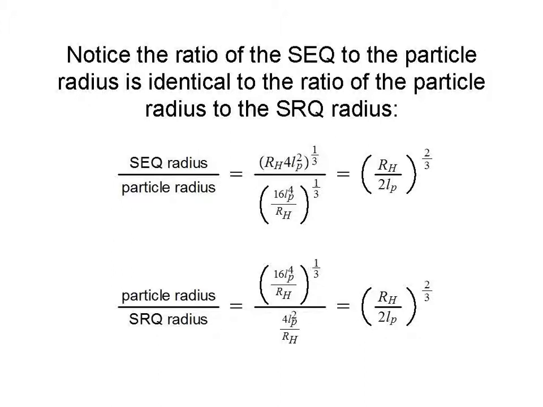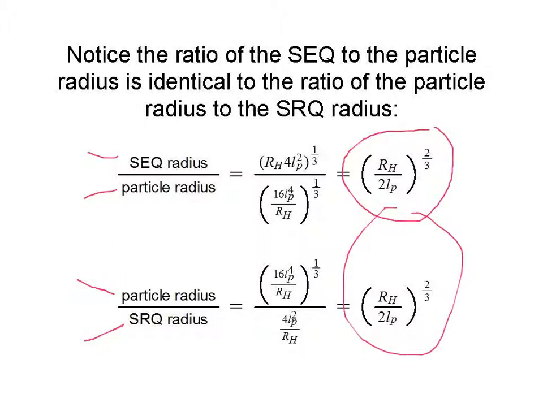Notice that the ratio of the small energy quanta to the particle radius is identical to the ratio of the particle radius to the small radius quantum radius. Both ratios equal the same value, r sub h over 2lp to the 2/3 power.